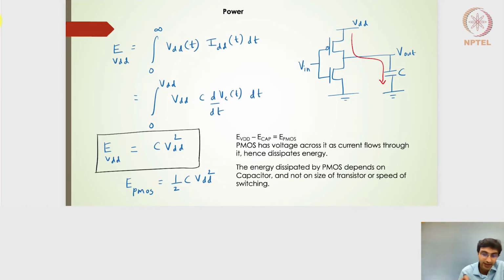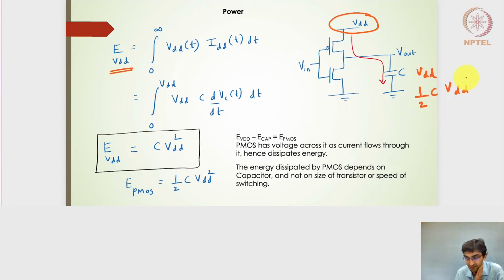Right. Now it is very interesting to find out what the energy delivered by the VDD rail actually is. Although the capacitor charges to VDD, the energy that it stores is half C VDD square.